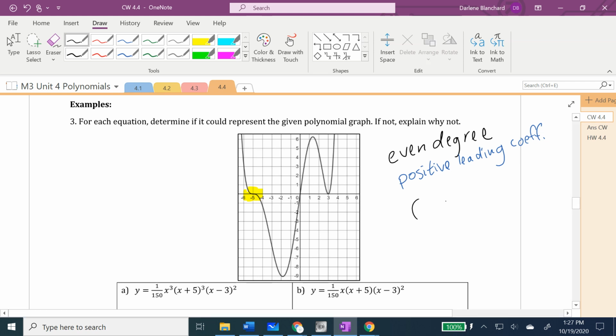And what is the factor that will create -5 as a 0? What expression do I put in here so that when I set it equal to 0, I get x equals -5? x plus 5.